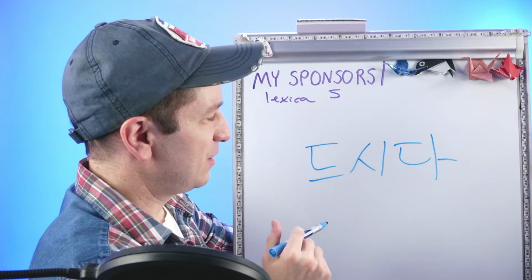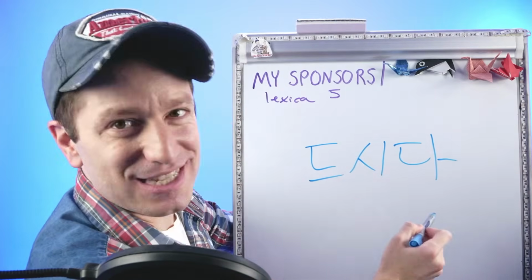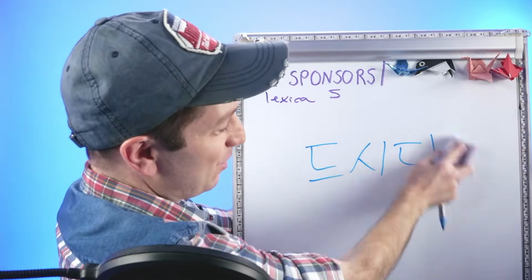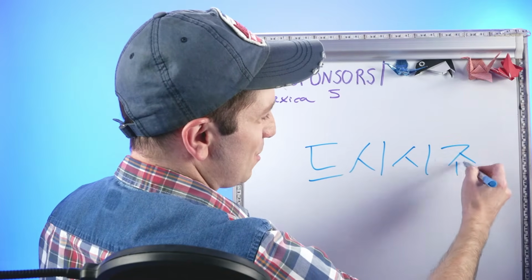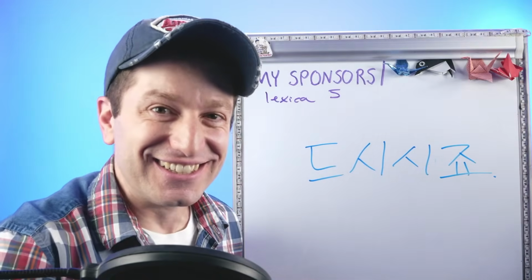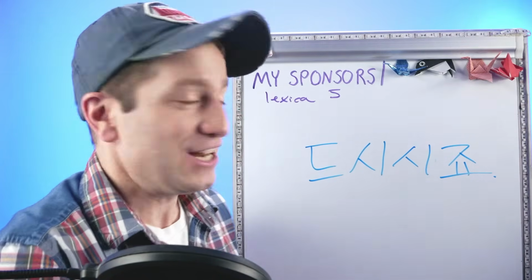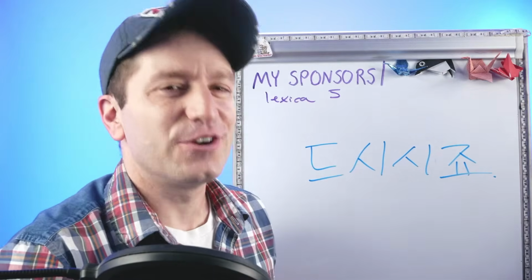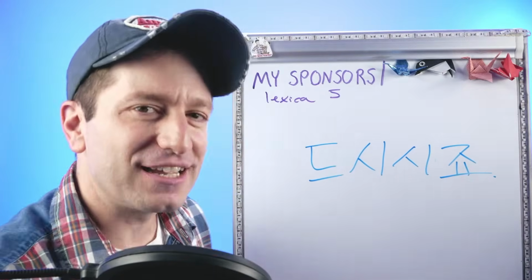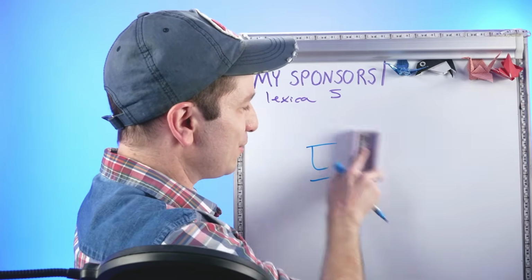And you also have to know that this is an honorific verb. You can't just know that this is polite, because someone might make 드시시죠, which is also awkward and wrong. You're trying to make it extra honorific, waiting for them to nod their approval and say, okay, thank you for being extra polite. You have to know that 드시다 is already an honorific form.